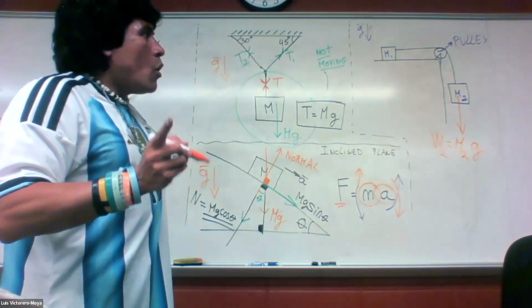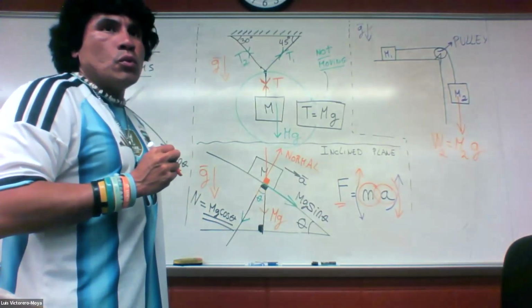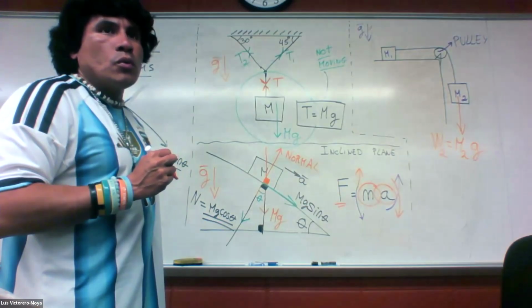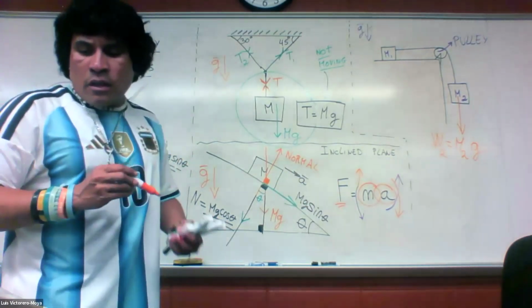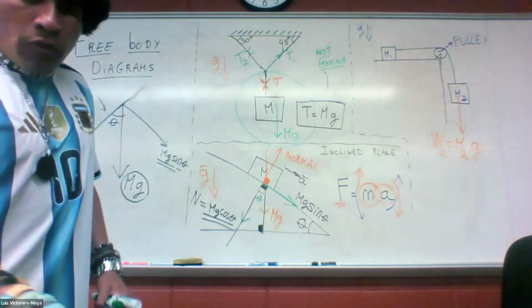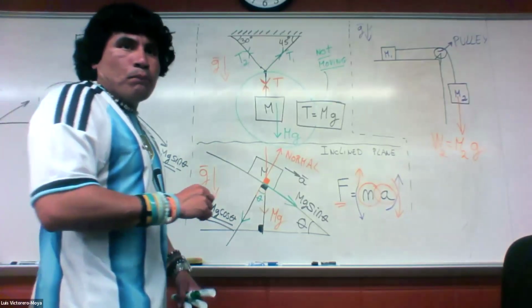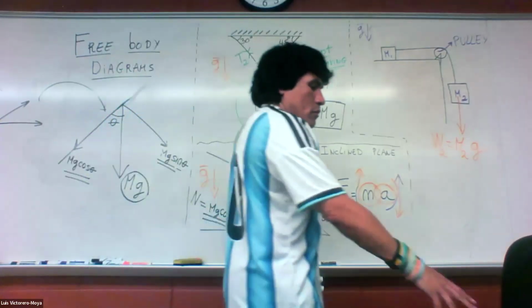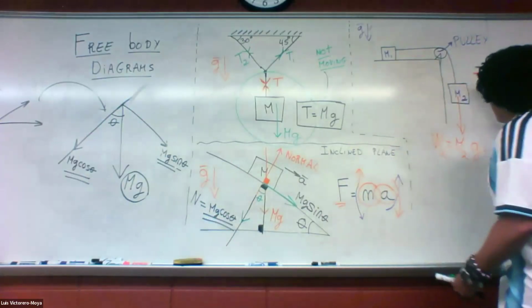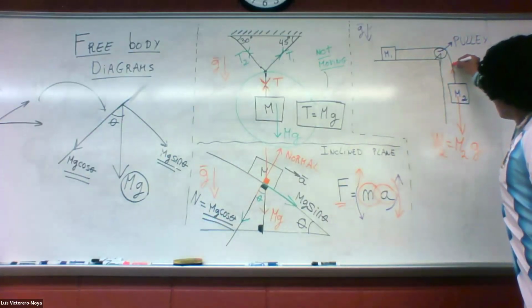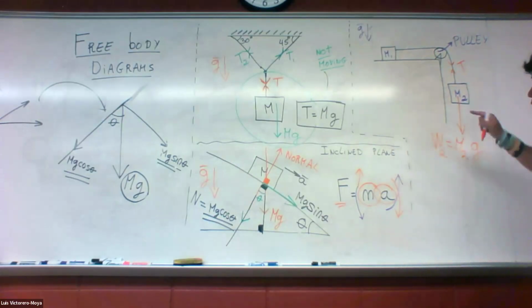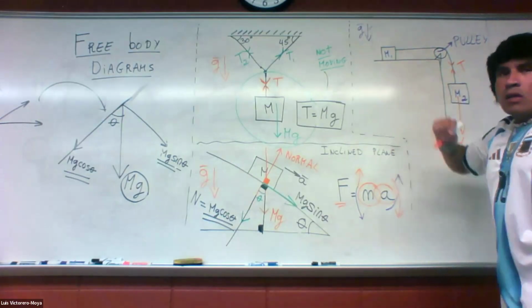We're focusing on M2 right now. What else is acting on M2? Look at the examples I just did on the board. Normal force? If the object is hanging in air, there's no normal. It'd be tension. Tension on the rope. Okay, that's it.